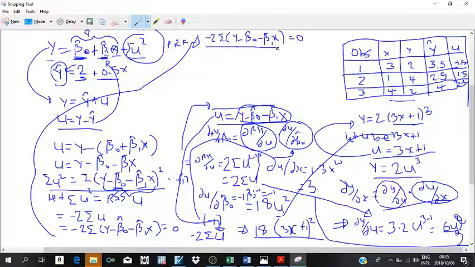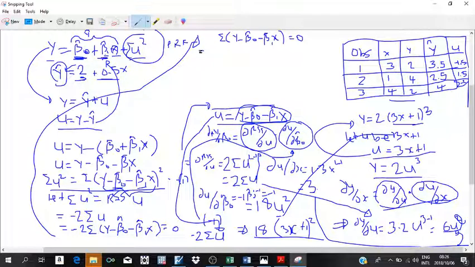So I'm going to divide everything by minus 2 to get rid of this negative 2. Okay, so we have this. It will be like this. So the minus 2 goes away. So we have this expression. Now let's multiply everything by the summation sign.